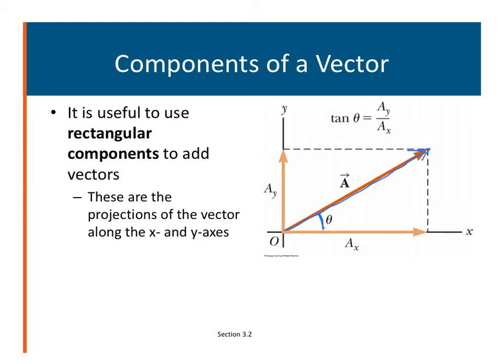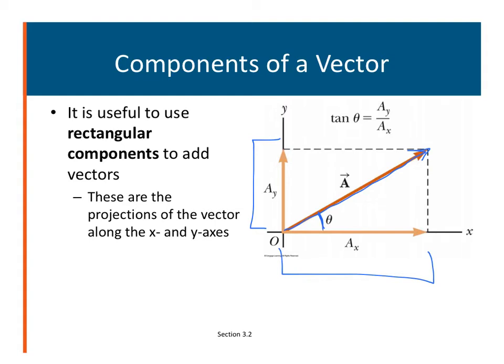We can think about it as how big this vector is along the x-axis and how big it is along the y-axis. So we have an x component we call A sub x and a y component we call A sub y.